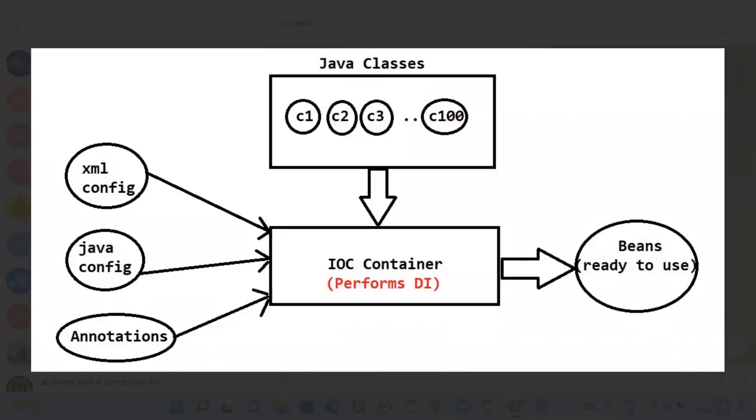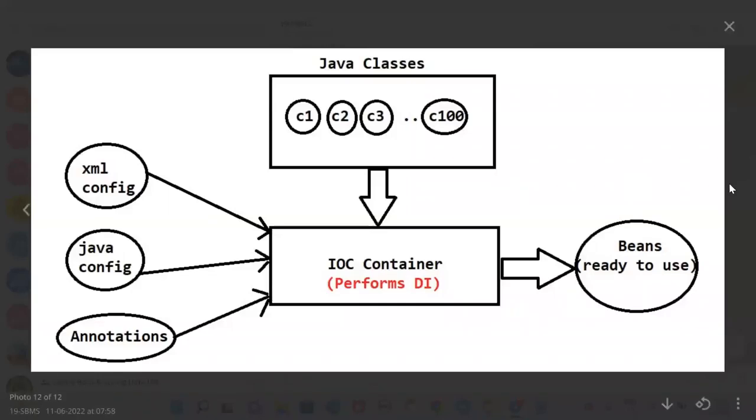Then the IOC container is going to take care of that, perform the DI, and provide the beans. So what is a bean? A bean is nothing but a class which is managed by the IOC container, called a Spring Bean. Spring Beans are ready to use. That means you can execute the classes, which are managed by the IOC container.